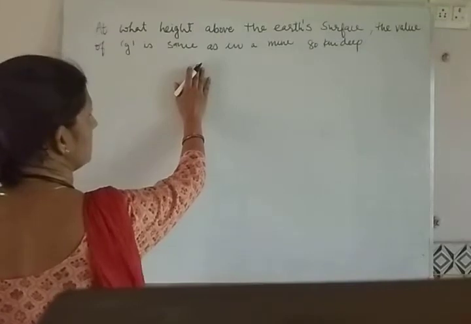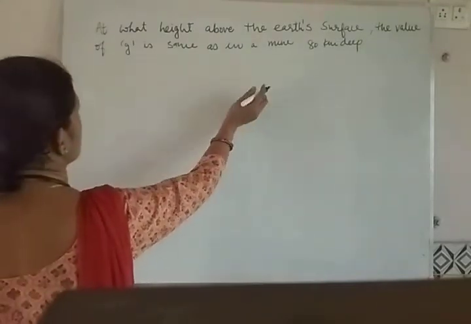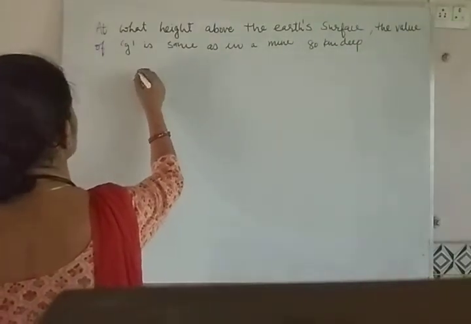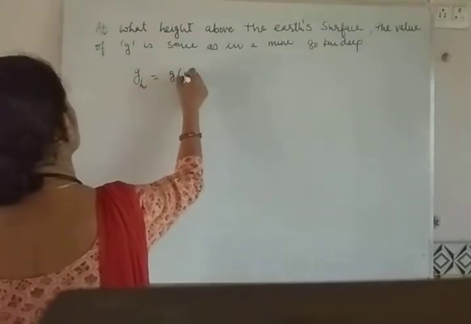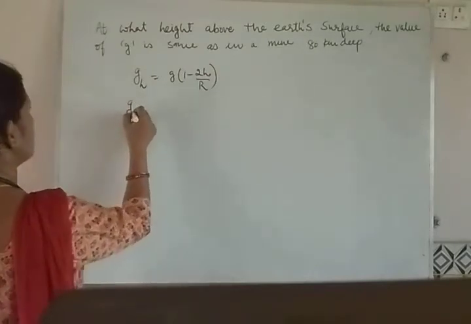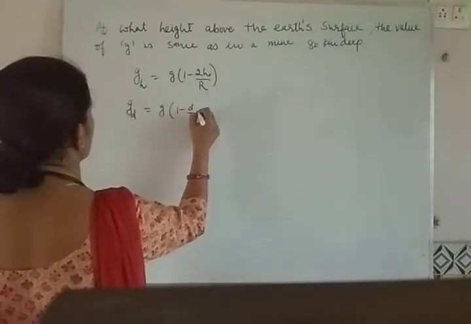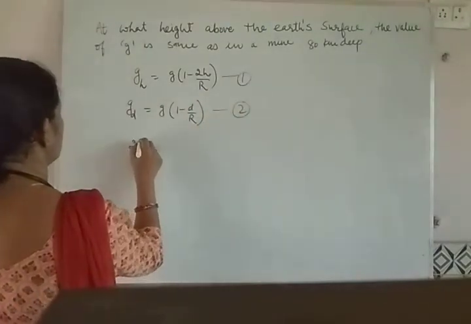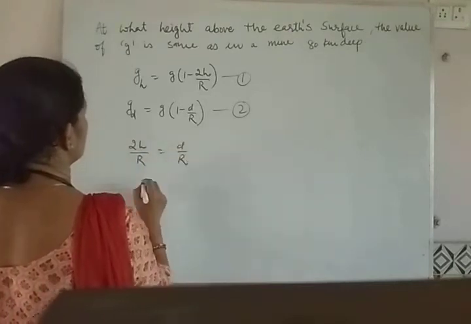At what height above the earth's surface is the value of g the same as in the mine at 80 kilometer depth? From the relation you have g at height is g into 1 minus 2h by r, and g at depth is g into 1 minus d by r. From comparison of 1 and 2, you have 2h by r is equal to d by r.